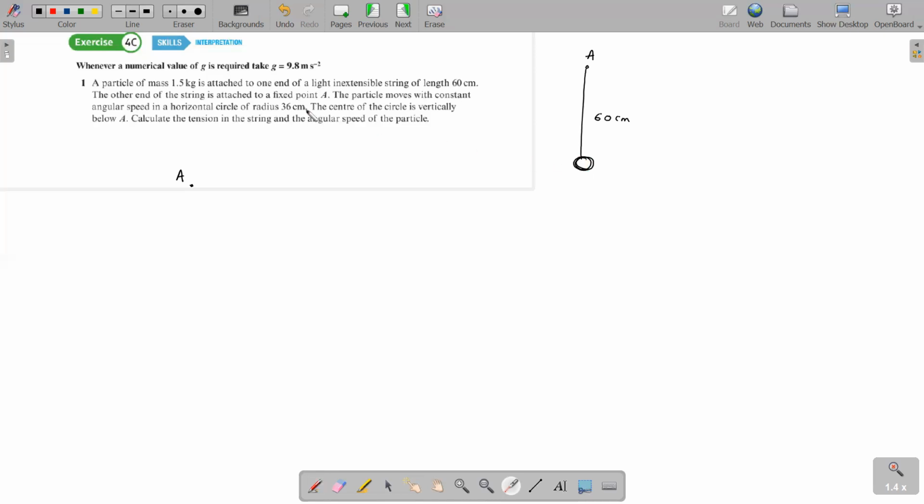So what's going on? They say the center of the circle is vertically below A. Do you picture what's going on here?